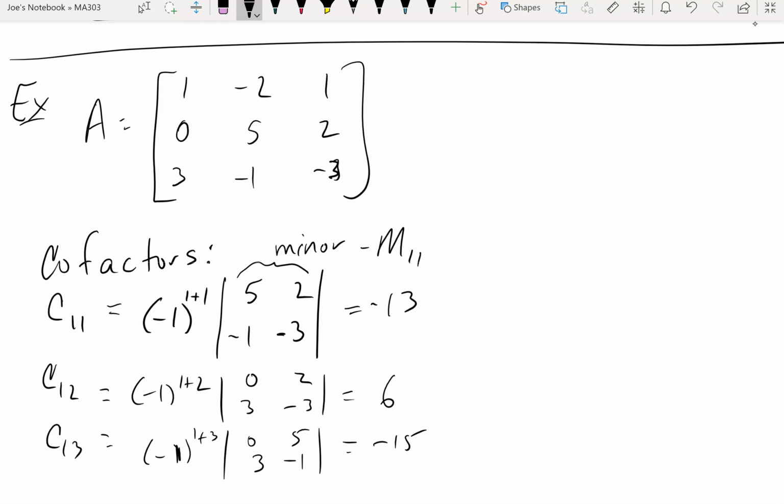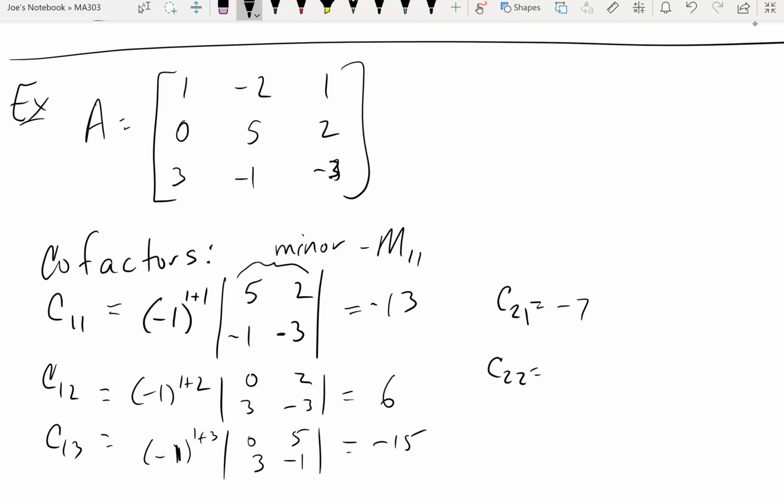Okay. All right, so if we do C21, I'm just going to write down the numbers just to save a little bit of time. We eliminate row 2, column 1. We'll get 6 minus a minus 1 gives me 7, and it'll be negative. So I get negative 7. Row 2, column 2 goes away. 1, 1, 3, negative 3.